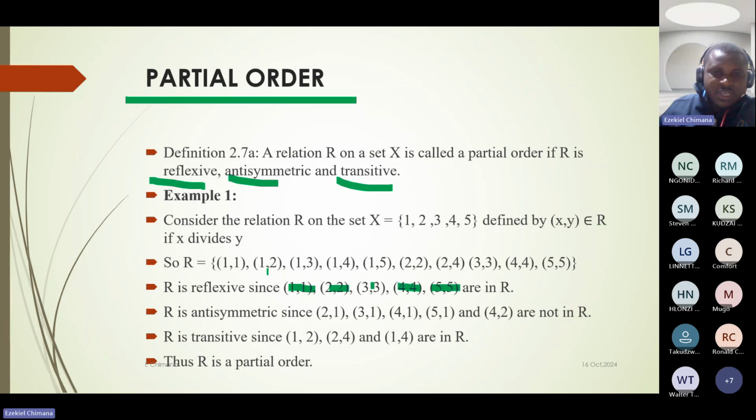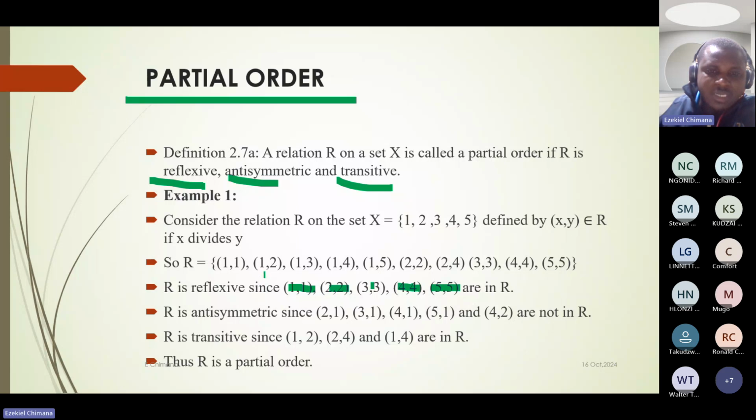For transitivity, we have (1,2), and then (2,4), and (1,4) are in R. Let's look at it. We've got (1,1), then we've got (1,2), (1,3), then (1,4), then (1,5), (2,2), (2,4), (3,3), (4,4), (5,5).